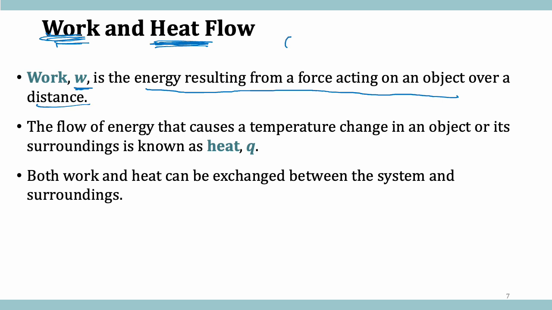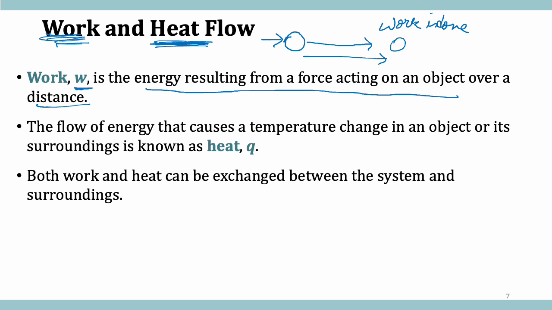Meaning, when we apply force on an object, and this object moves over a distance, that is called work done. If your object moves, displaces, changes its position, only then we say work is done.